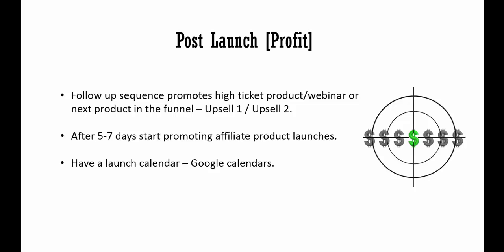Now, something I really want to point out, and we did touch on it just before, is you need a set plan. You need a calendar in place. What you'll find if you don't keep organized and if you don't keep a calendar, you'll end up jumping from one launch to another, from one promotion to another. So you might promote one product one day, you don't make much money off it, so then you jump to another product and then another product, and you end up promoting 20 products in a 4-week period.